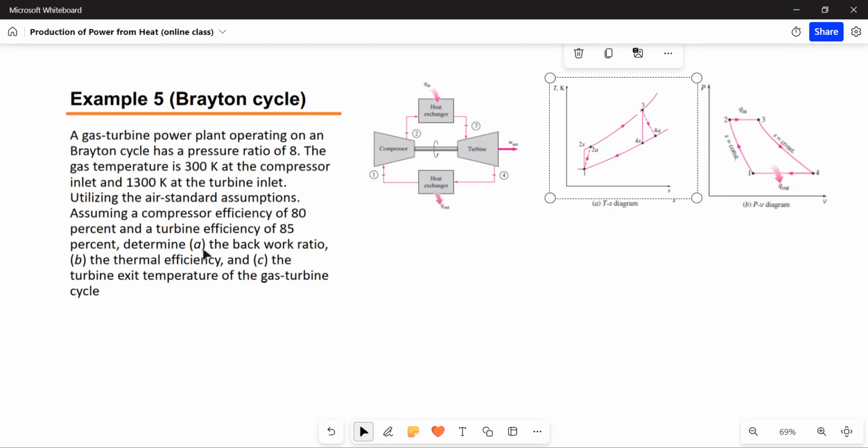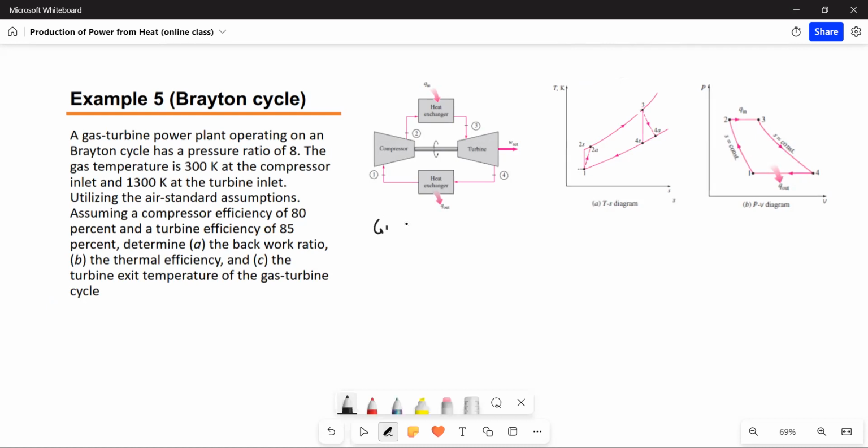Okay. First, let's write the given values in the problem. Given the pressure ratio, and we designate that as RP equal to 8. So what again is the pressure ratio?